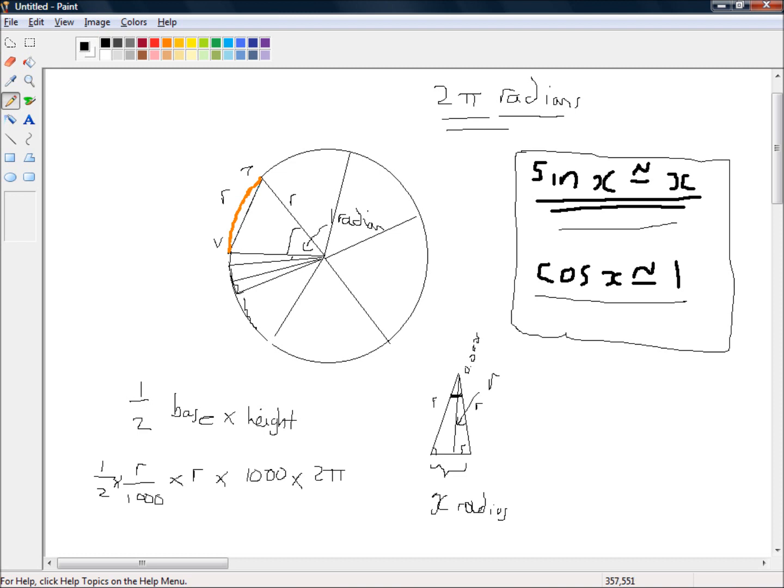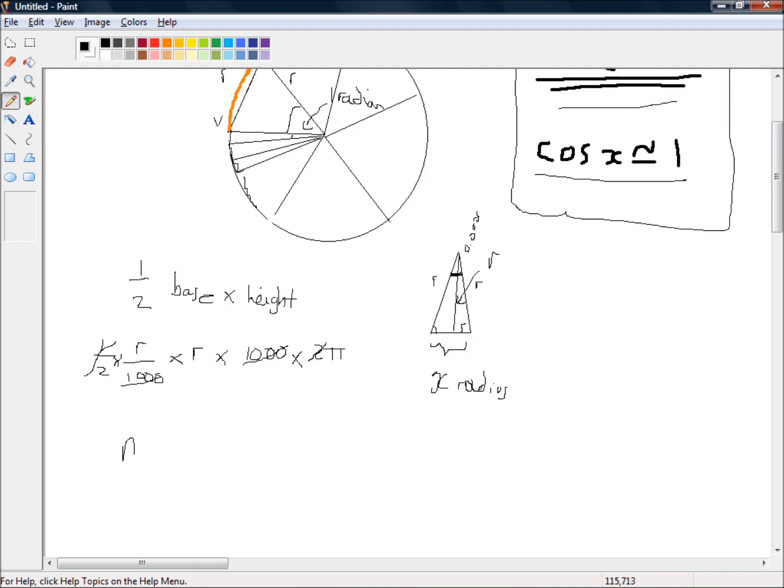Okay, so our area of our circle is 1/2 times the radius divided by 1000 times r times 1000 times 2 times pi. Well, this 2 here can cancel out with this half, and this r over 1000, the divided by 1000, can cancel out with the times by 1000. If you've got r over 1000 and then you've got 1000 of them, you're going to end up with your r.